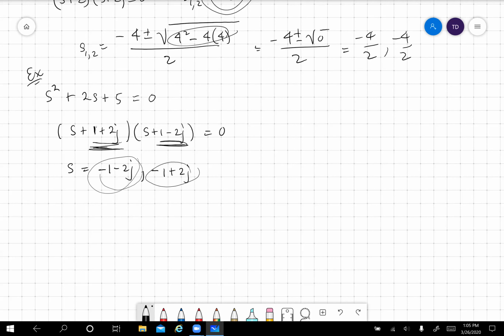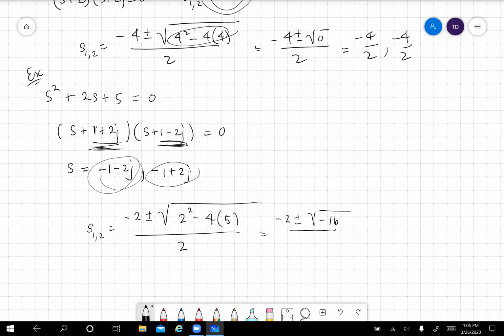Okay? So let's just show that by using the quadratic formula. So we're using this equation, the quadratic formula, s1,2 equals minus b, minus 2, plus or minus the square root of b squared, 2 squared, minus 4 times a, which is always 1, times c, all divided by 2 times a, but a is 1. This is minus 2 plus or minus the square root. You can see how I have 4 minus 20, that's minus 16, divided by 2.